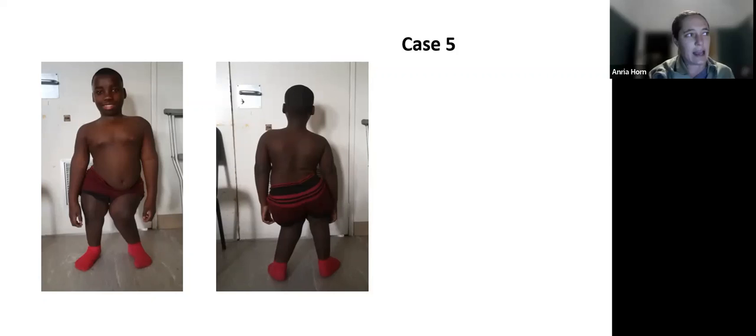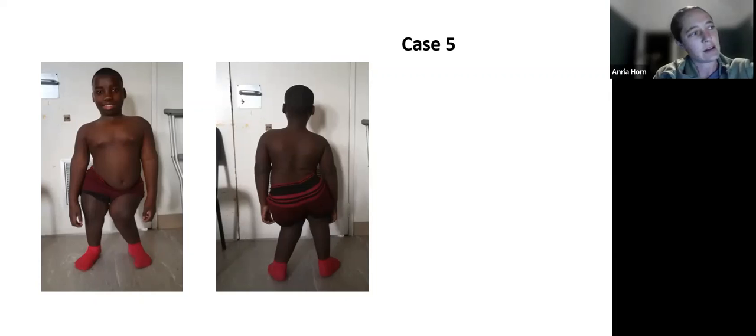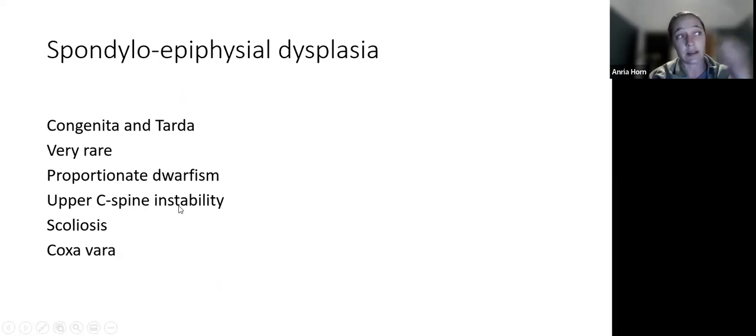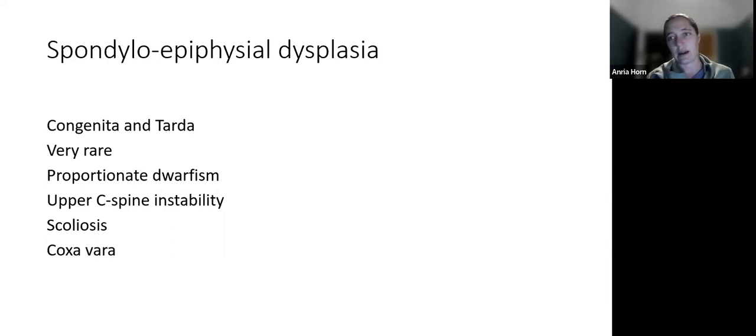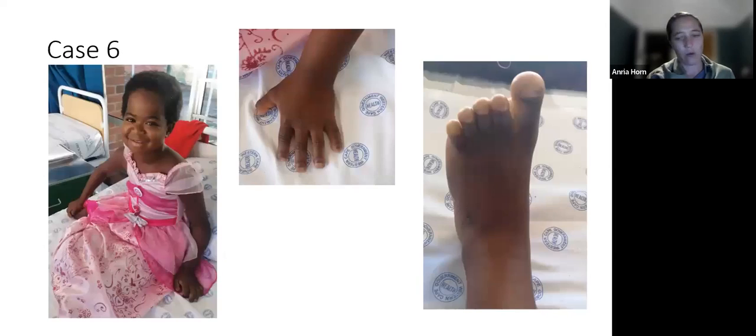If you compare him to the achondroplastics, his head isn't so disproportionately large compared to his trunk and his arms. If you just look at the top half, that doesn't look too bad. So he just fails in the lower limb segment. Anyway, it's classified as a proportionate dwarfism. The orthopedic issues are upper C-spine instability, scoliosis, coxa vara, and other deformities.